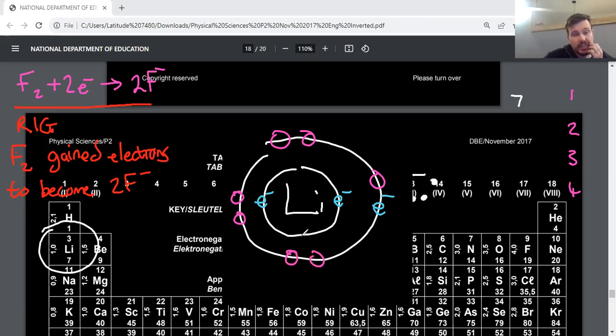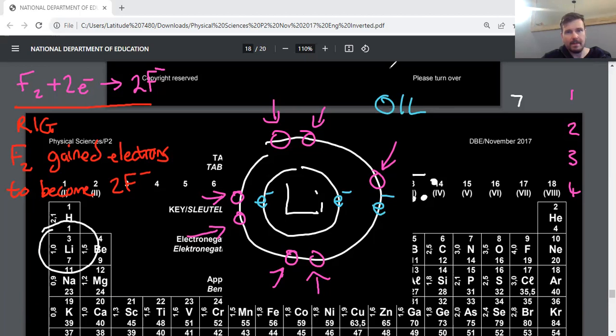So it's going to really want to lose that 1 electron and become like helium, rather than trying to gain 7 in order to become noble like neon. Much easier for it to lose 1 and become like helium. So it's always going to lose. And we know from our rhyme, OIL RIG, oxidation is loss of electrons. So the lithium is always going to be oxidized.